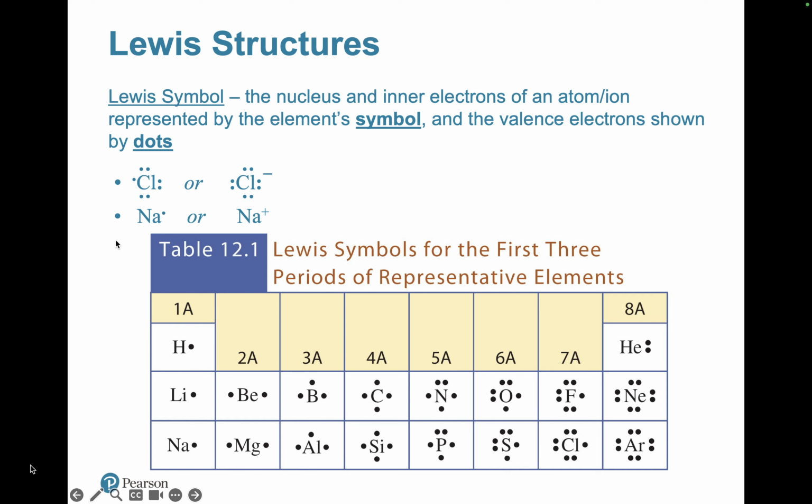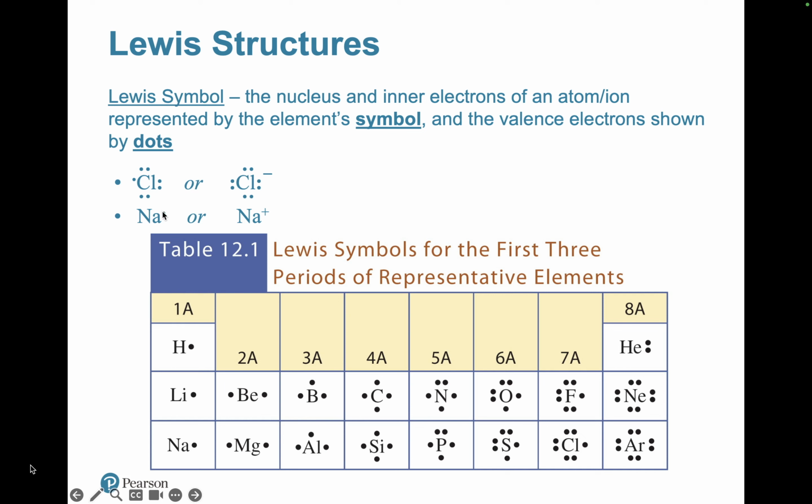So look, if you look at the example of sodium chloride right here, chlorine begins as an atom that looks like this, right, where it has 7 dots in its outer shell, and then when it steals that electron from sodium, it becomes negatively charged, but now it has 8 electrons or 8 dots in its outer shell, so it's happy. The opposite happens with sodium, right?